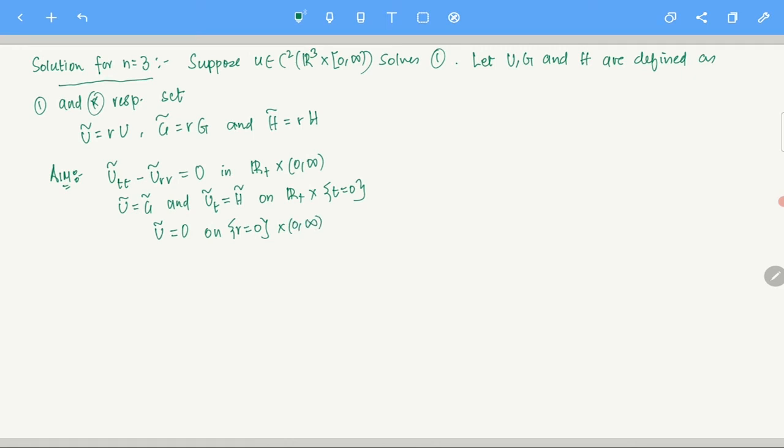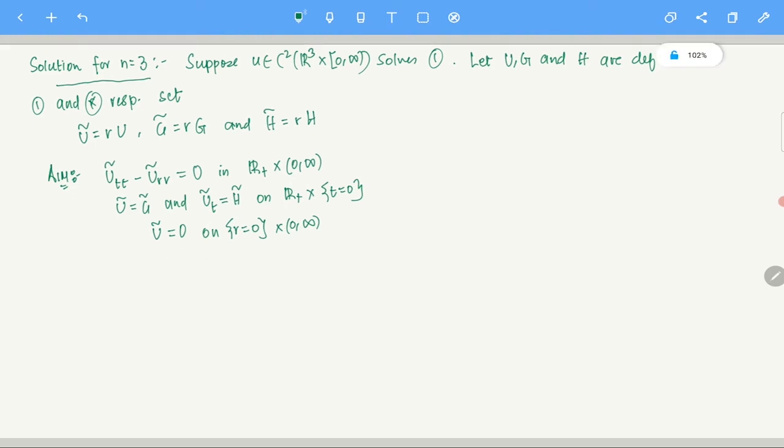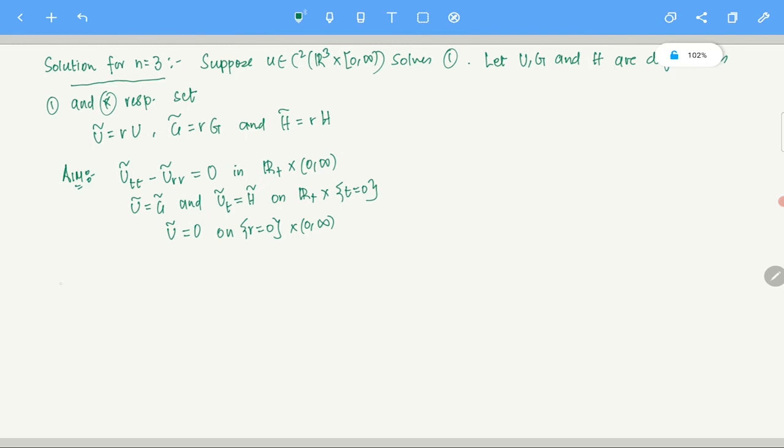Now this is quite clear. U tilde is going to be 0, right? Because U tilde is given by r times U, and capital U is a bounded continuous function. So U tilde is going to be 0 on this line. It's not an issue. We just have to show that U tilde satisfies the wave equation.